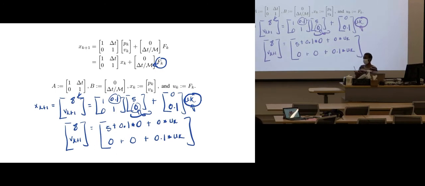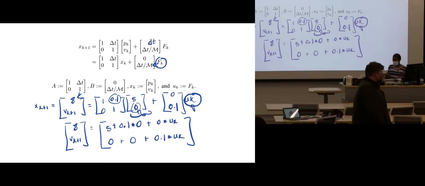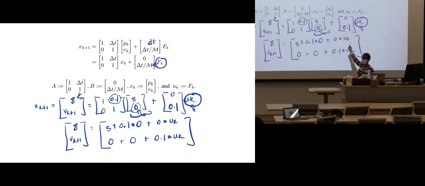Within one time step, I won't go anywhere. That's because of the dynamics I have. I could have had other dynamics that had dt over here, and in that case maybe I could have found a UK that would have taken me to 8 meters. But because of our particular dynamics, our input is coming in at the velocity level, which means if you start from rest, you need more time steps to get to where you need to go.